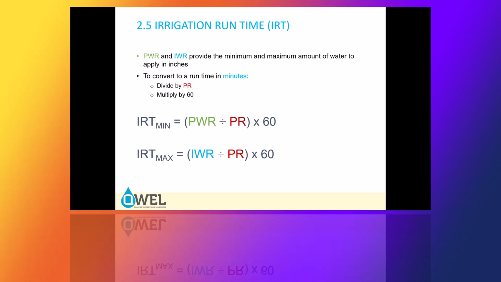The maximum irrigation runtime, or IRT max, is determined by dividing the irrigation water requirement, or IWR, by the precipitation rate determined in an irrigation audit, and then multiplying that by 60 to convert into minutes.